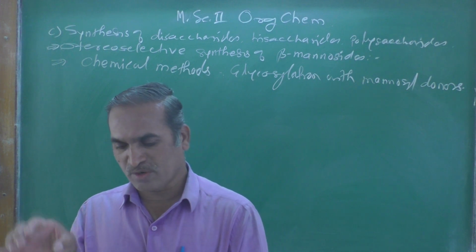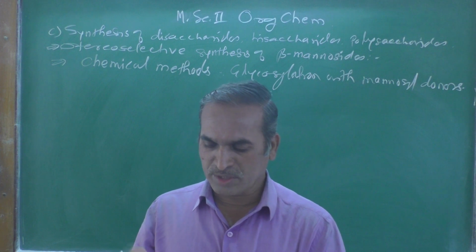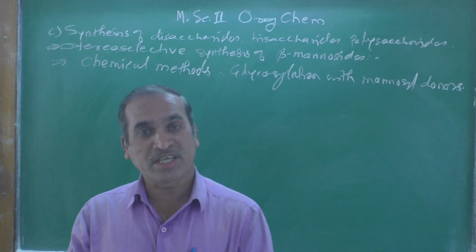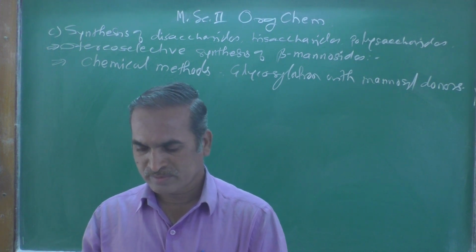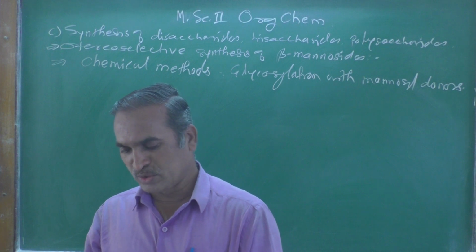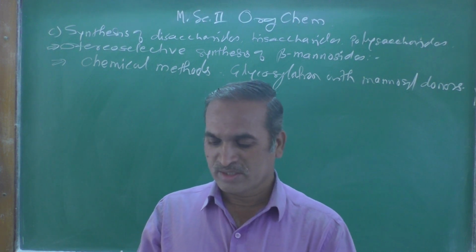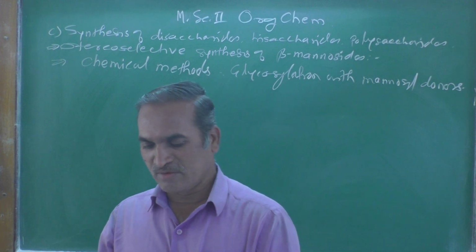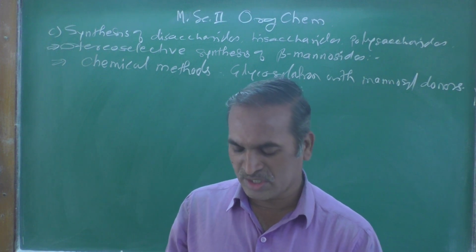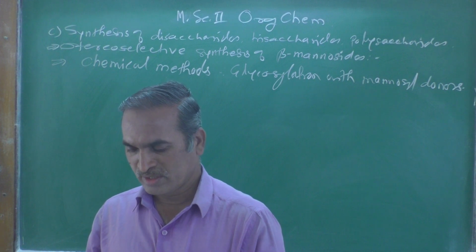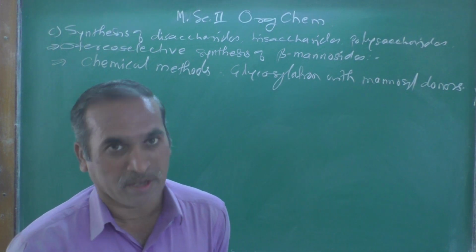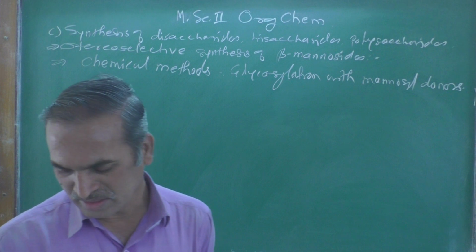The first application of this principle was reported by Perlin, a scientist, in 1961, who condensed the cyclic carbonate protected mannosyl bromide 2 and the reactive aglycone under a silver oxide activation to afford the first synthetic disaccharide 4 that contains a beta mannopyranoside linkage, which is represented in scheme number 2.